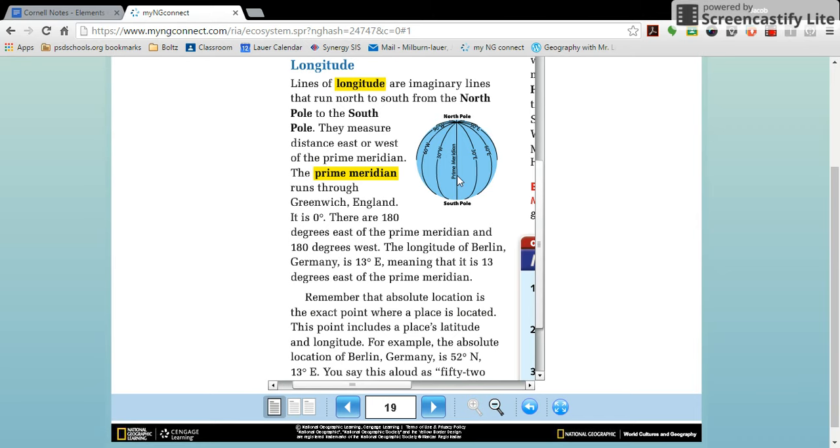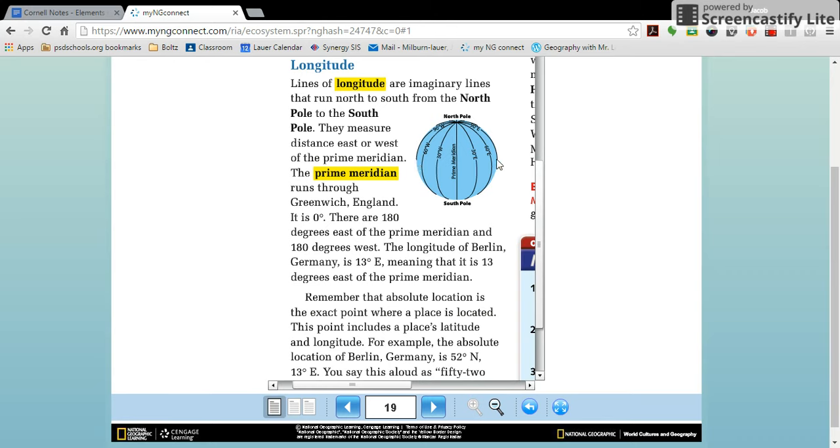So we were talking about how on the lines of latitude there were 90 degrees from the middle to the top. From the middle to the bottom, there were also 90 degrees. Well, when you're dealing with lines of longitude, there are actually 180 degrees to the west, this way, and there are 180 degrees to the east.